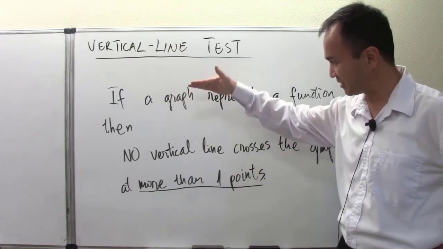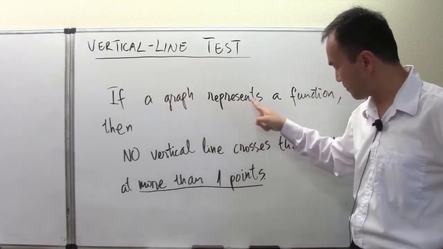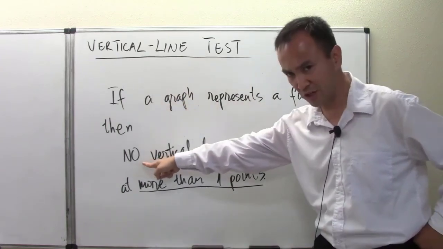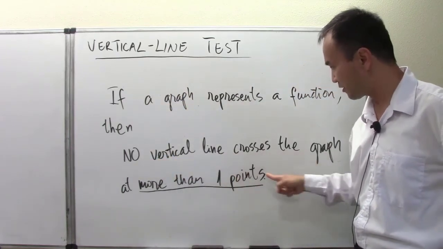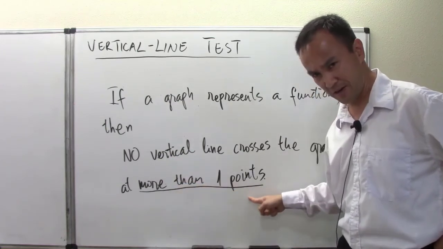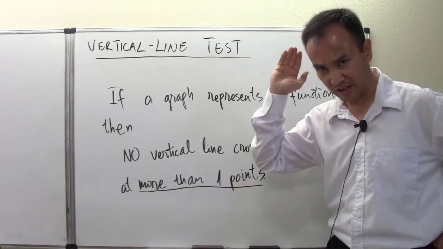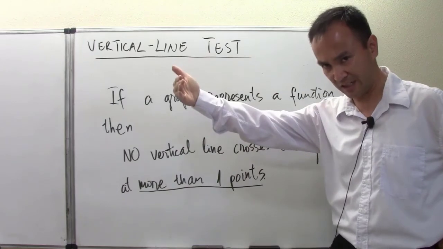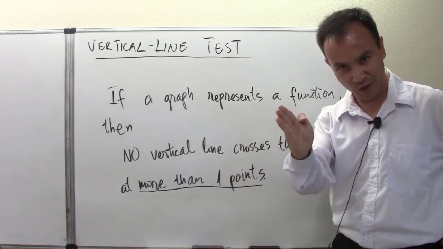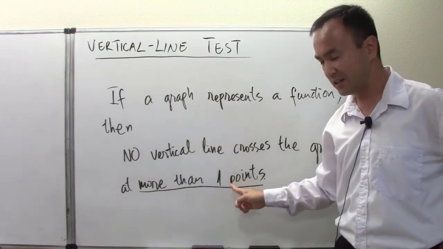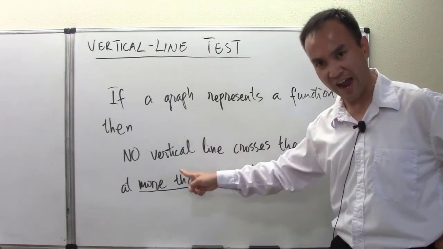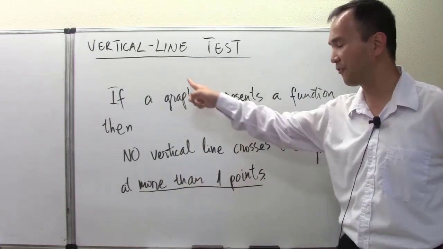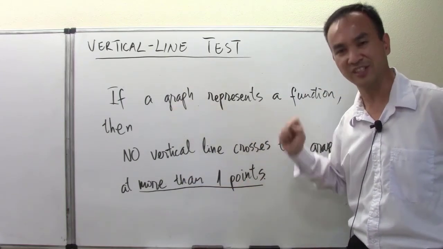So this is a statement that if a graph represents a function, then no vertical line crosses the graph at more than 1 point. But when we are directly using it, we think of it the other way around. If we use a vertical line and it crosses at more than 1 point, then the graph is going to fail to represent a function.